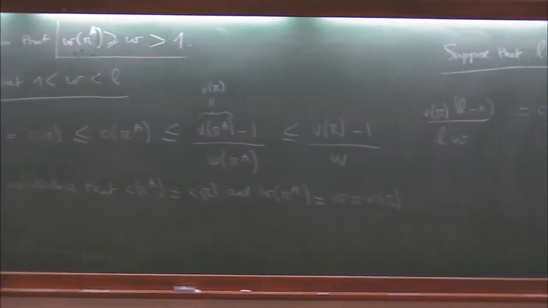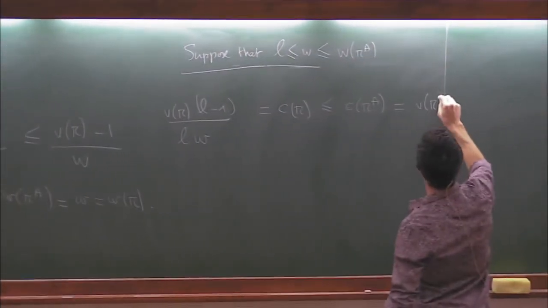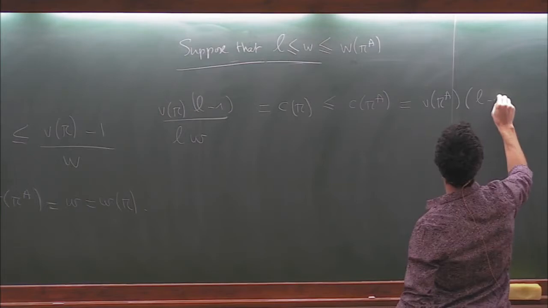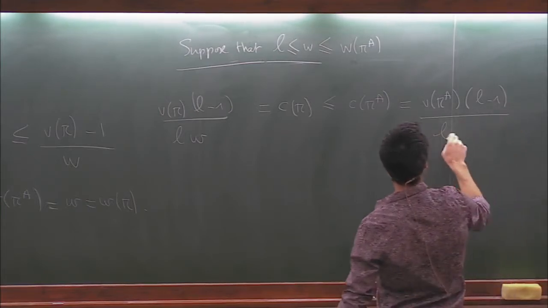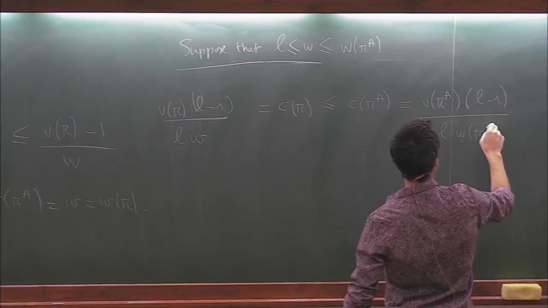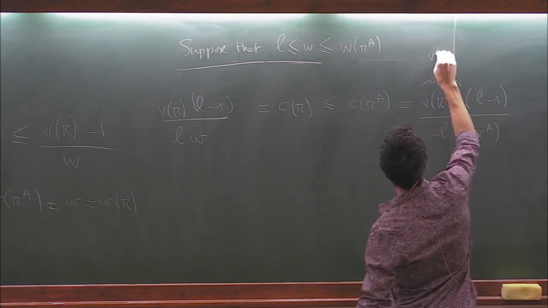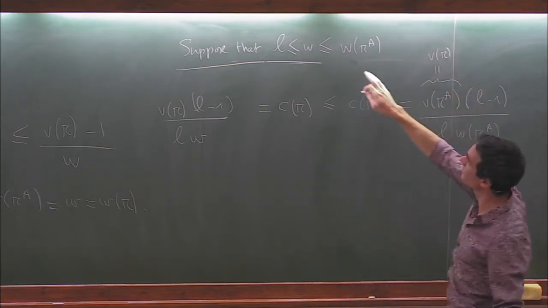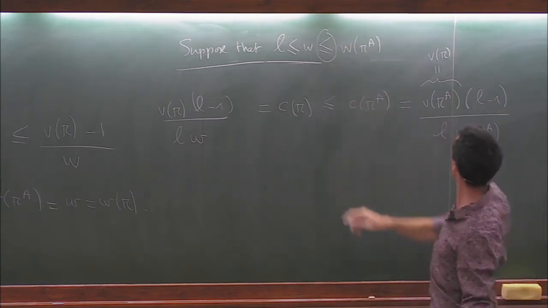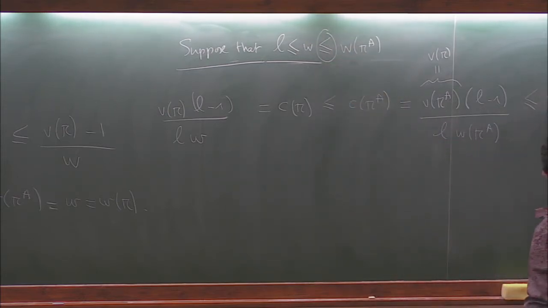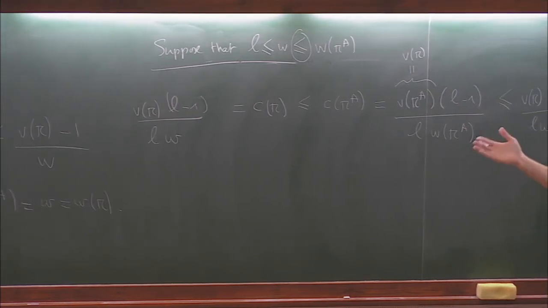C of A must be V of pi A, L minus 1 over L W of pi A. And again, V of pi A is V of pi. And thanks to this inequality, this is smaller than or equal to V of pi L minus 1 over LW. And again, the upper bound is equal to the lower bound. And we are done.